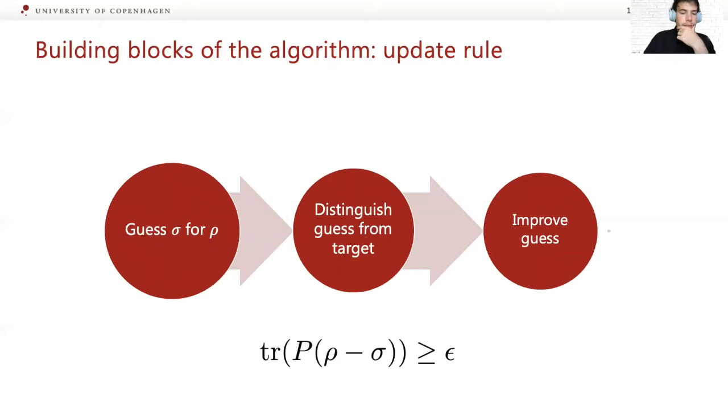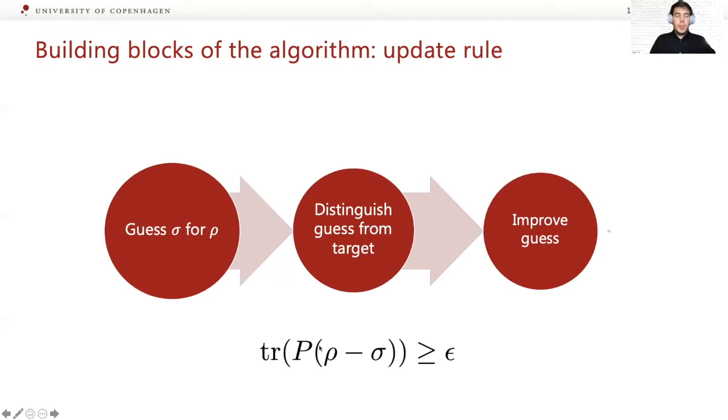So how does the algorithm actually work? At every step of every iteration, we're going to have a guess for what our target state rho is, and this guess will be sigma. Then at each time step, we'll try to distinguish our current guess from the actual state. How do we distinguish two quantum states?